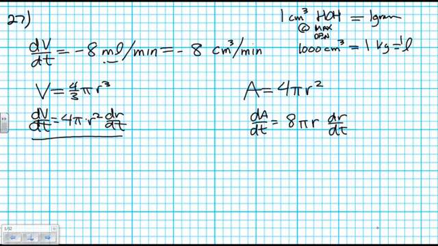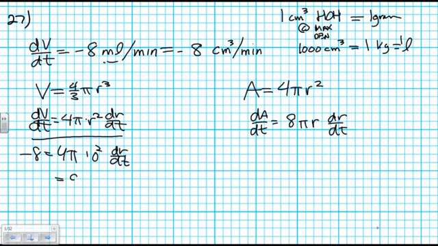Okay, let's plug and chug. I got negative 8. I got 4 pi. What value of r are we talking about here? 10. So 10 squared. And the only unknown now is dr/dt.